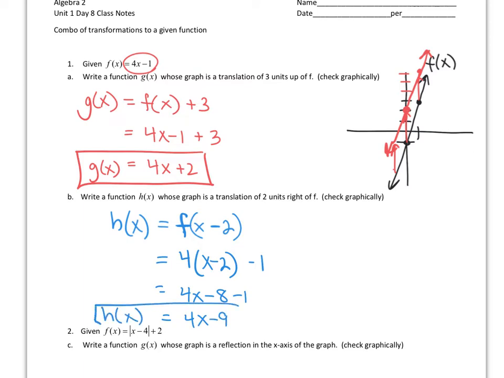Okay, and then again, we can check that graphically. I'll just do it on the same exact graph. So we have a y-intercept of negative 9, 3, 4, 5, 6, 7, 8, 9, slope of 4.